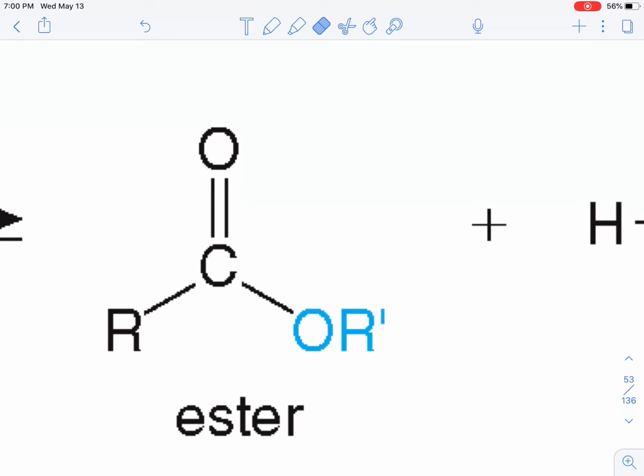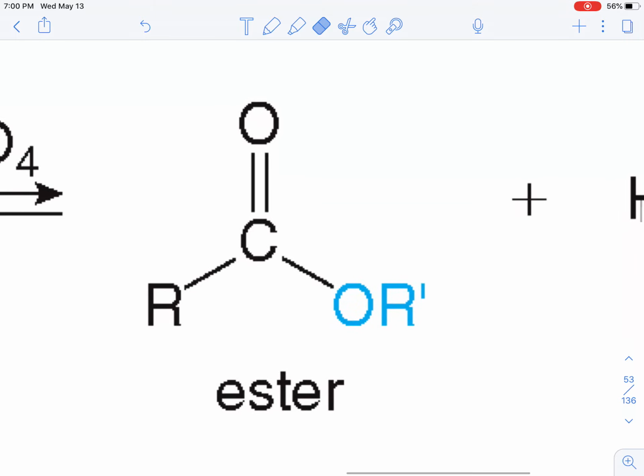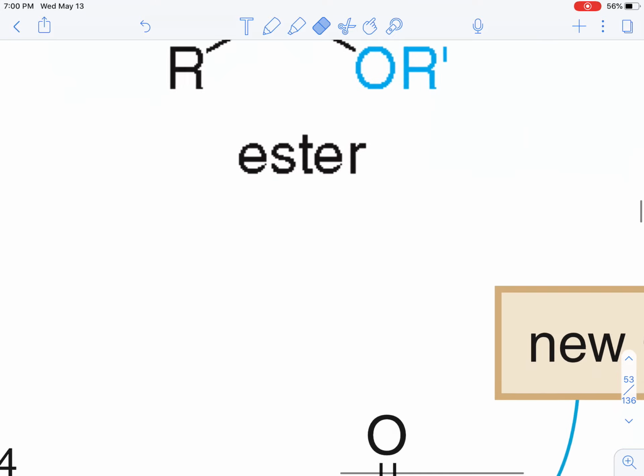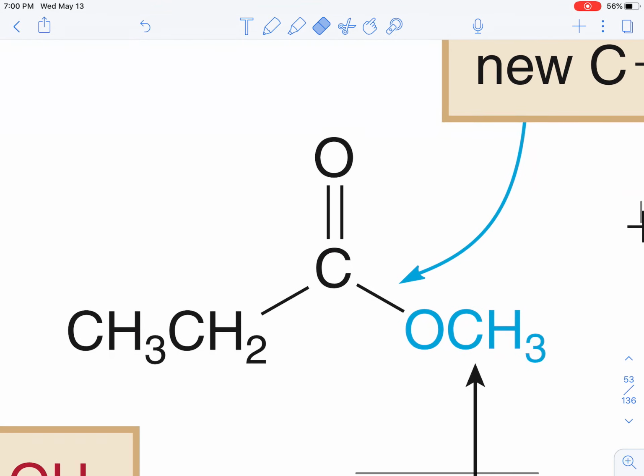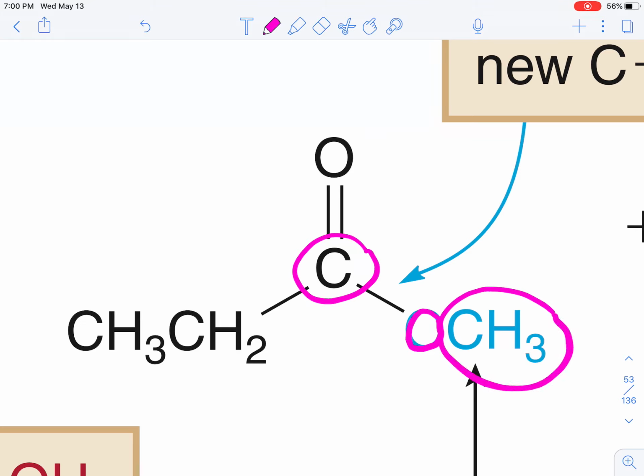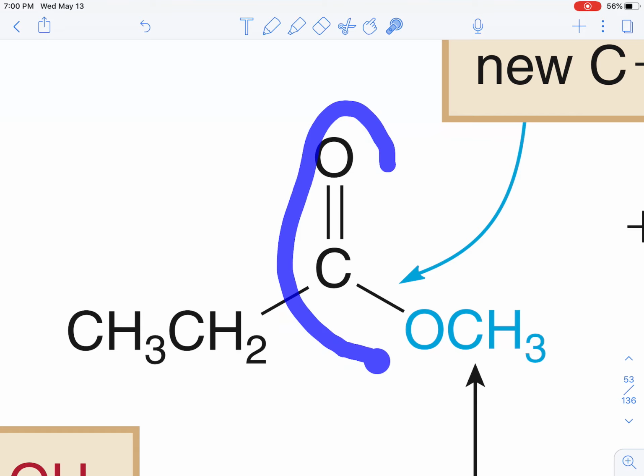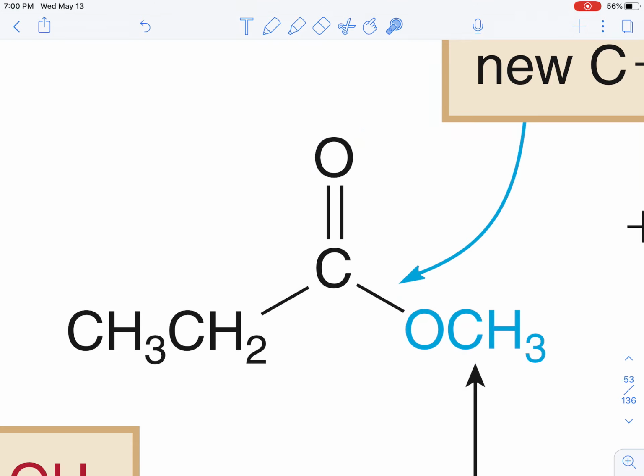And so we're going to take a look at one example of what an ester might look like. Here we have this ester compound in which we have the carbonyl carbon covalently bonded to this oxygen that's covalently bonded to this methyl group. So notice that we have a distinctive pattern in which we have the carbonyl group, and then we have that O and C. So that whole area is going to be our ester.